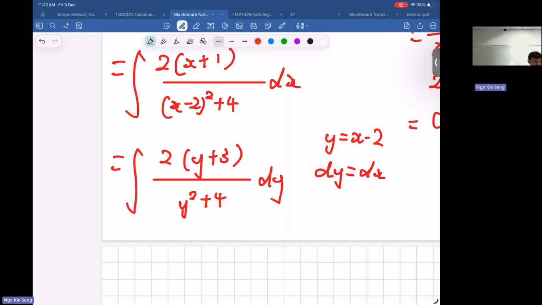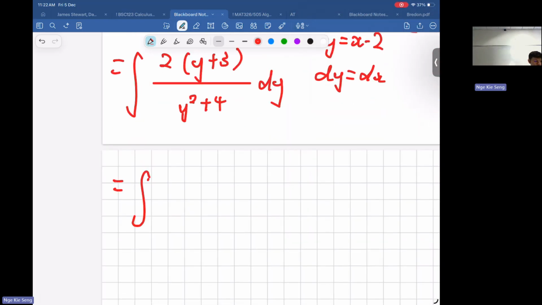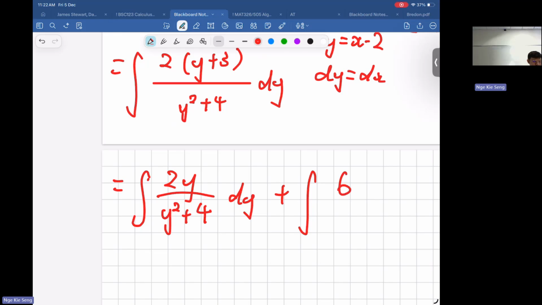Surely one side is easier to compute because the derivative and the function are appearing together. But I'm not sure whether the other one is easy to compute or not.